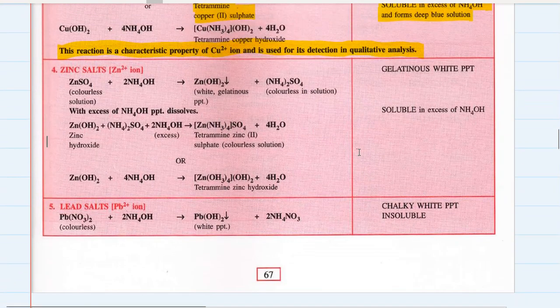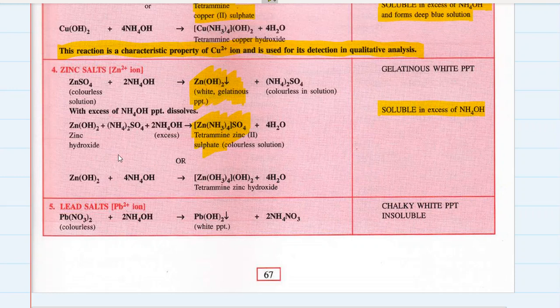Then zinc salts also have a characteristic reaction with ammonium hydroxide. When zinc sulfate, or any zinc salt solution, is treated with ammonium hydroxide, it forms a gelatinous white PPT. This gelatinous white PPT is soluble in excess of ammonium hydroxide, and forms a colorless solution of tetraamine zinc sulfate, Zn(NH3)4SO4.